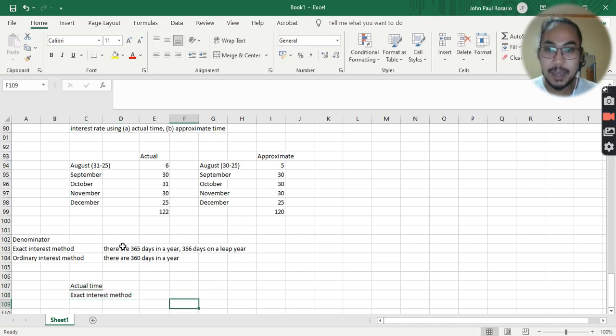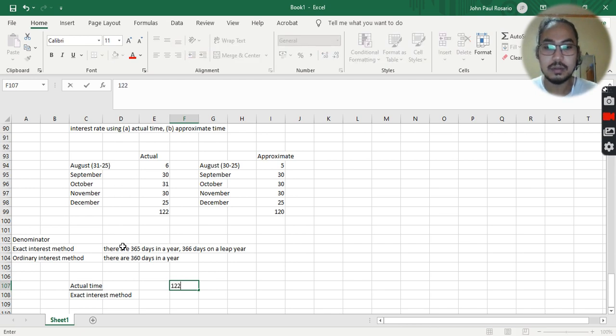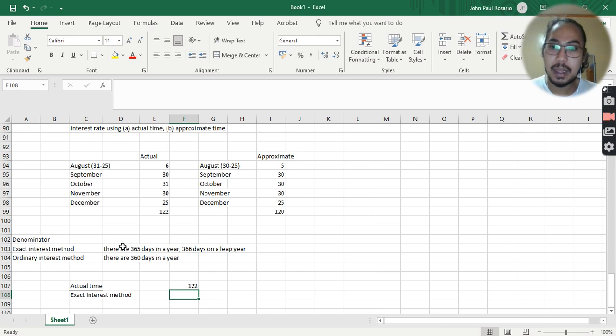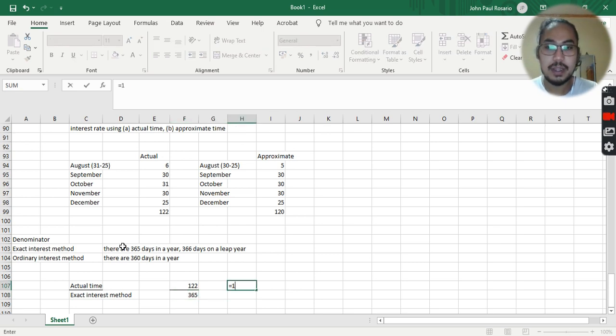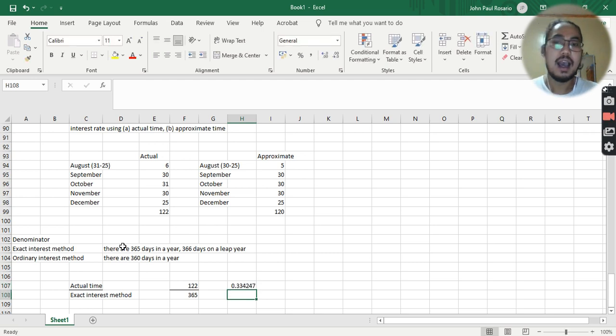So based on our example, our actual time is 122 and the denominator would be exact interest, so 365. So that's 122 over 365. Our loan date or our credit term as a fraction of a year is 0.334247.